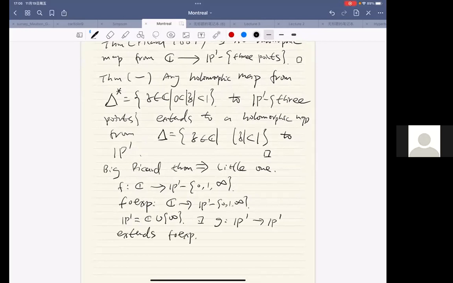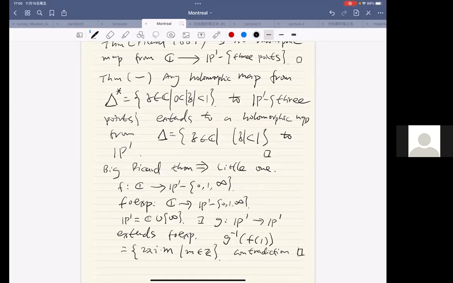But from this we know that, for instance, the inverse image of g, for instance of 1, is an infinite set. It is not a finite set. It consists of 2 pi i times m, where m is an integer. But it's a holomorphic map between compact Riemann surfaces, P1 to P1. The map has finite fibers. Therefore, a contradiction is obtained.